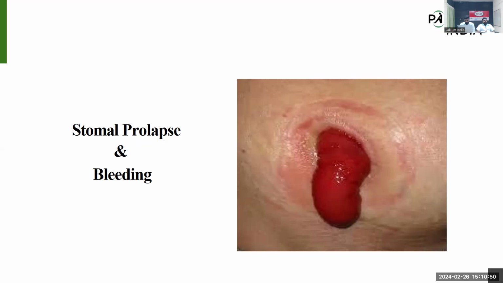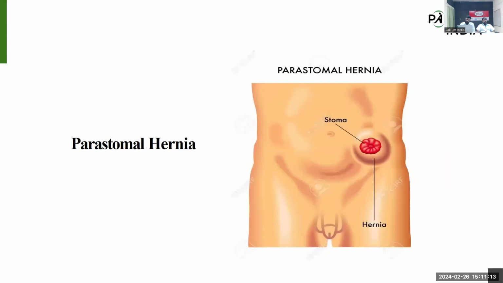Otherwise, no bleeding chance is there. If while cleaning there is any oozing type of bleeding spot, just a sponge we can give, it will subside. If profuse or more bleeding is there, we need to get an opinion from the specialized doctors.